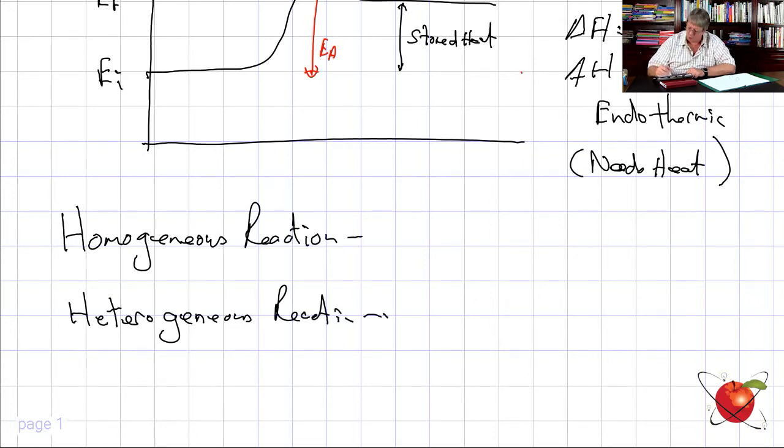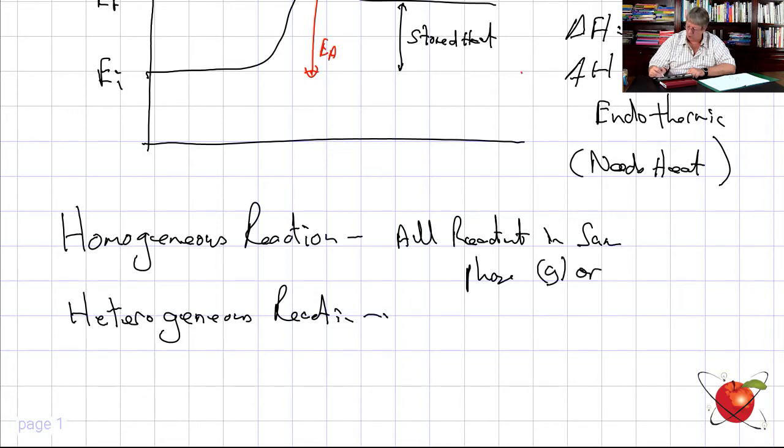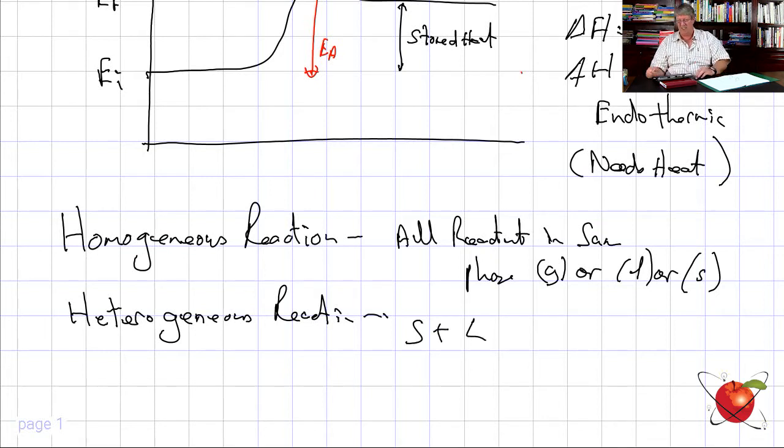Homogeneous reaction, all reagents in the same phase, i.e. they're all gases, or all liquids, or all solids, okay? Highly unlikely to have all solids, okay? Heterogeneous, okay? They're in different phases, okay? And you could have different phases. You could have a solid plus a liquid, okay, etc., etc.